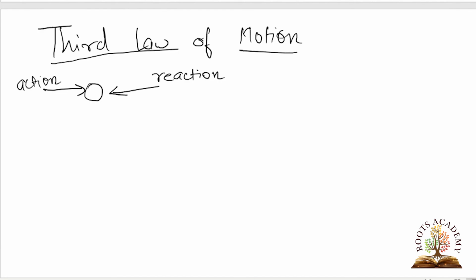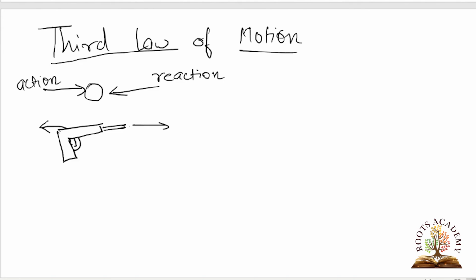Now we will understand this with an example. For example, what do I have? A gun. Now with this gun, I'm firing a bullet. Okay, what happens whenever this bullet is fired? We will receive some recoil in the gun.